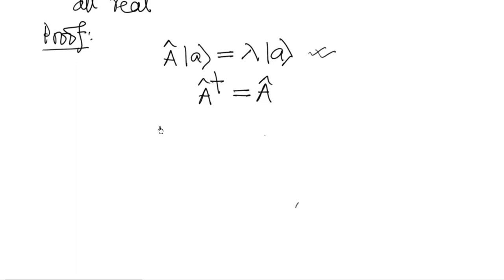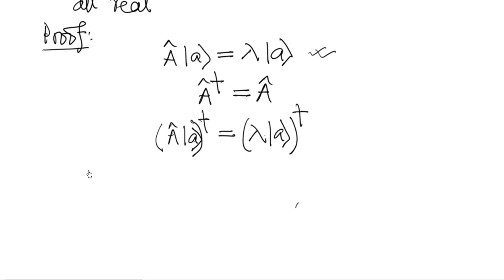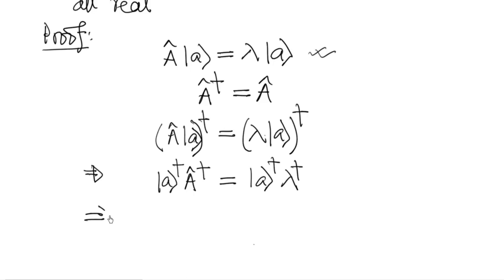Now let us take the bra form of this equation. So we take dagger on both sides. And the dagger of a ket vector is a bra vector, we know.